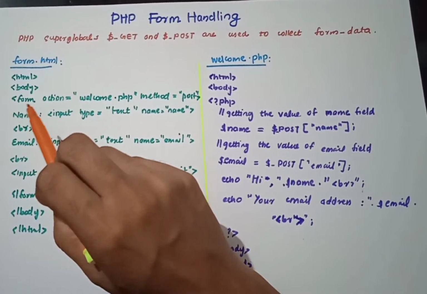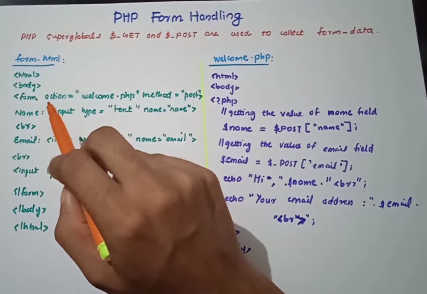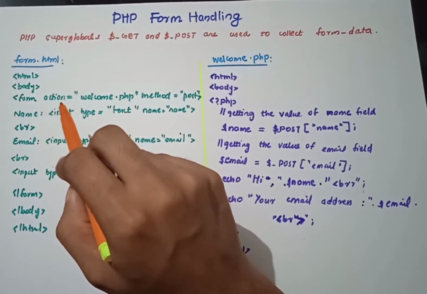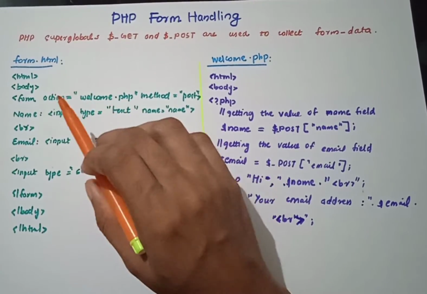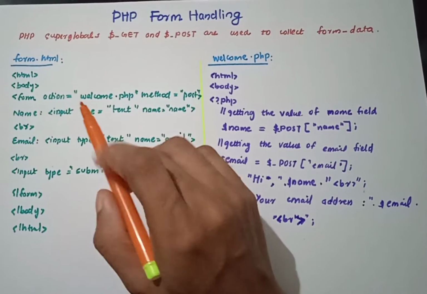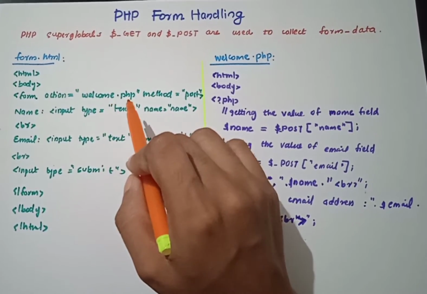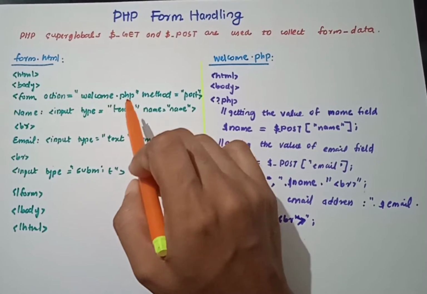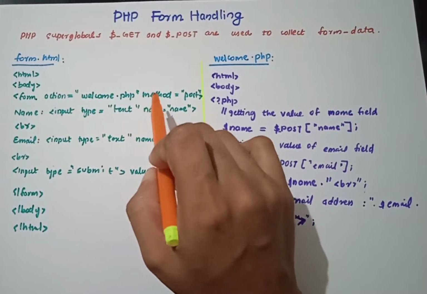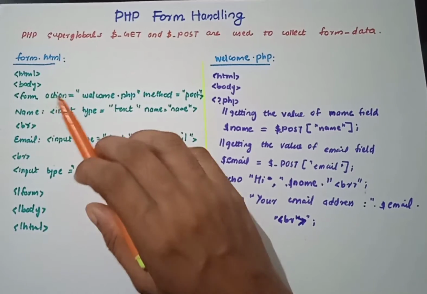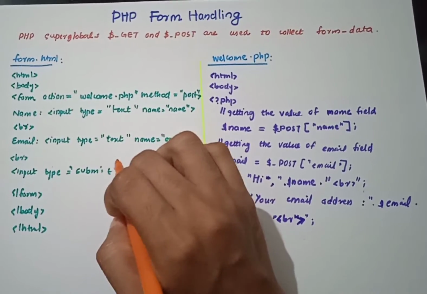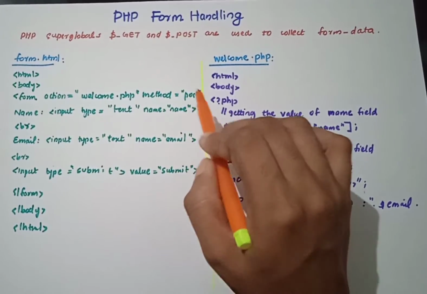We started with the form, and it is with the action. Action means where to send this data. Here we are saying it should be sent to the welcome.php file. And method should specify through which method you want to send the form data. So I declared it as the POST method.